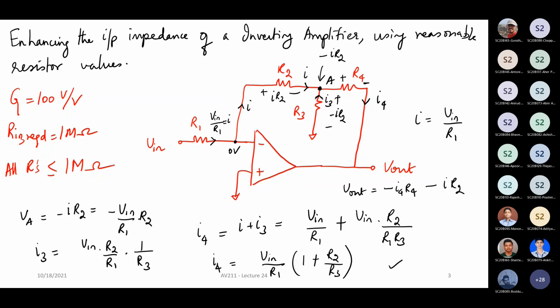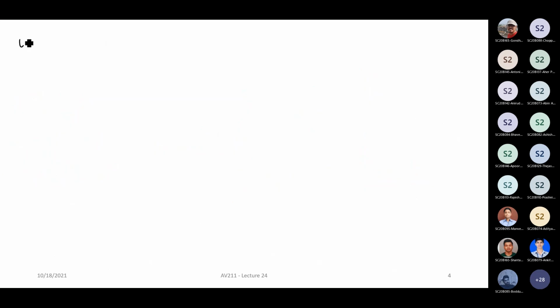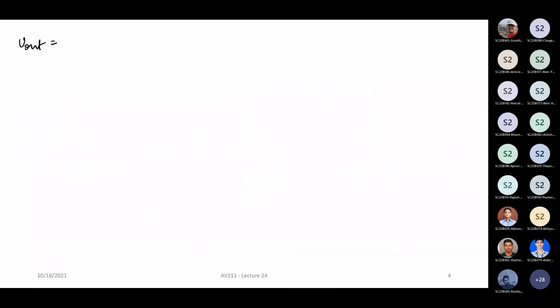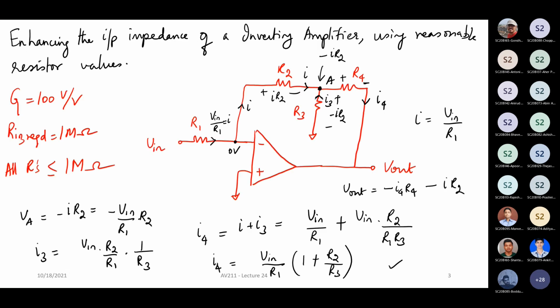So if you calculate this, what will you get? So let us say V out is minus I4 R4, and the voltage at A is minus I R2. So let us take minus outside: I4 R4 plus I R2, right?